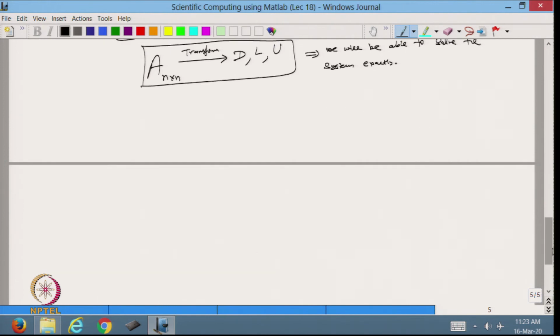Before we start with the process, let us discuss some properties of the lower triangular, diagonal or upper triangular matrix. Let us start with L, the lower triangular matrix.